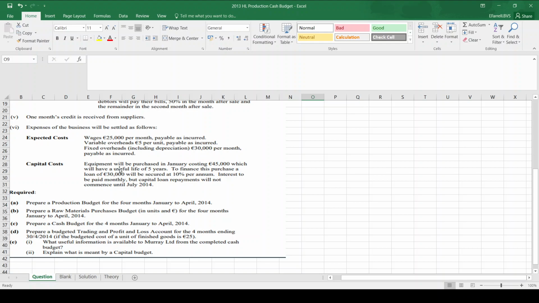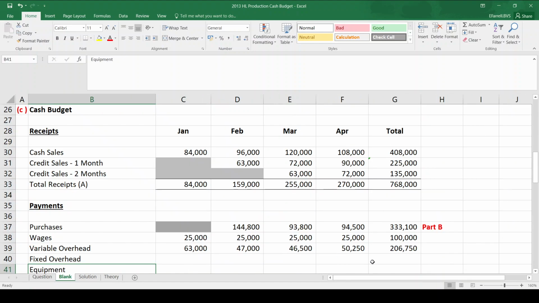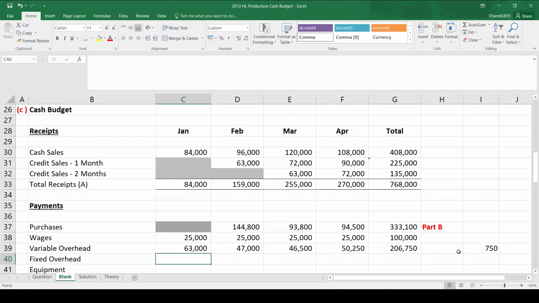What do we depreciate? We depreciate assets. What asset do we get? You can see here we bought equipment for 45,000, and that has a useful life of 5 years. We're doing the cash budget on a monthly basis, so 5 years equates to 60 months. So to work out my depreciation, it'll be just 45,000 divided by 60. So I can just do that to the side over here. 45,000 divided by 60 is 750, and you'll actually need that figure later on when you go through a profit and loss account.